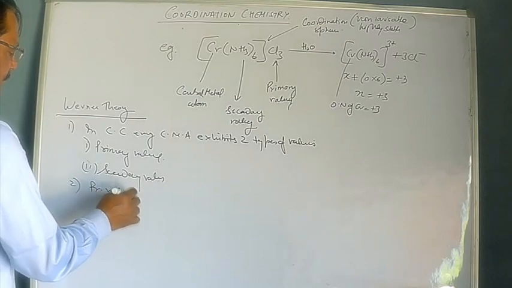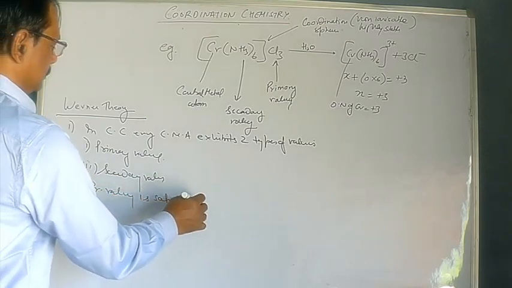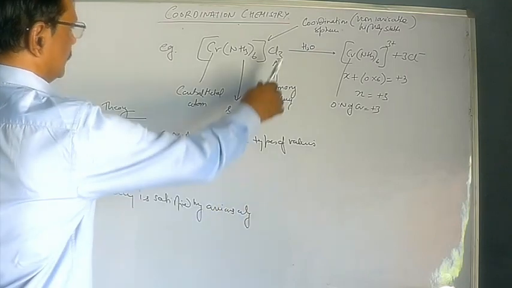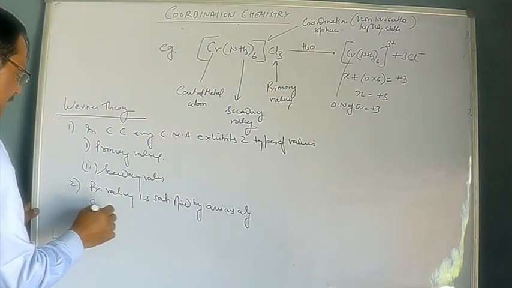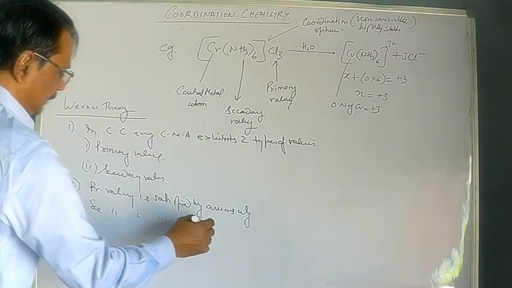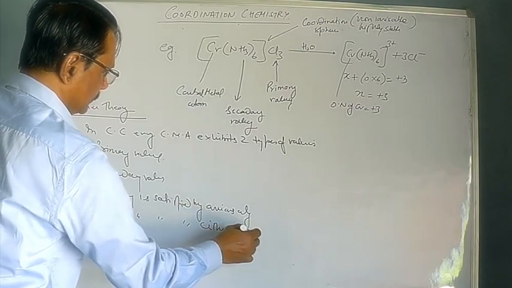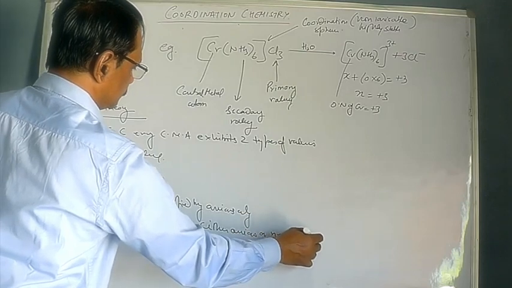Primary valency is satisfied by anions only. You see, primary valency is satisfied by negative ions, whereas secondary valency is satisfied by either anions or neutral molecules.